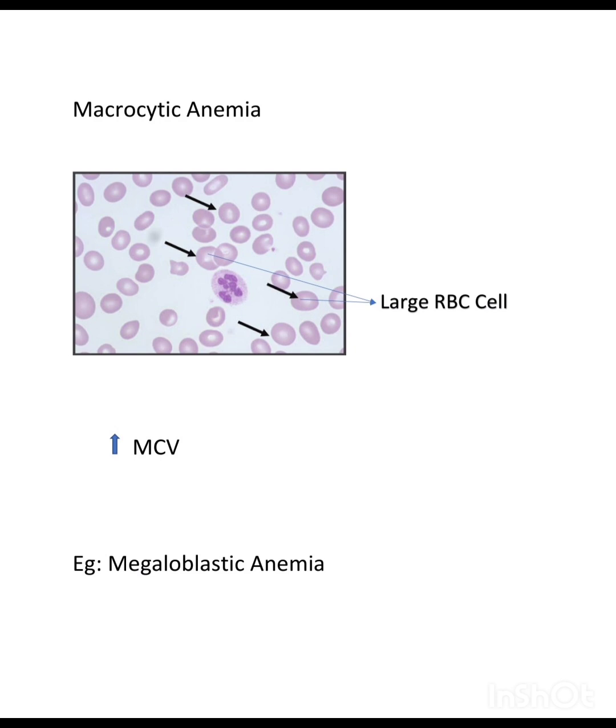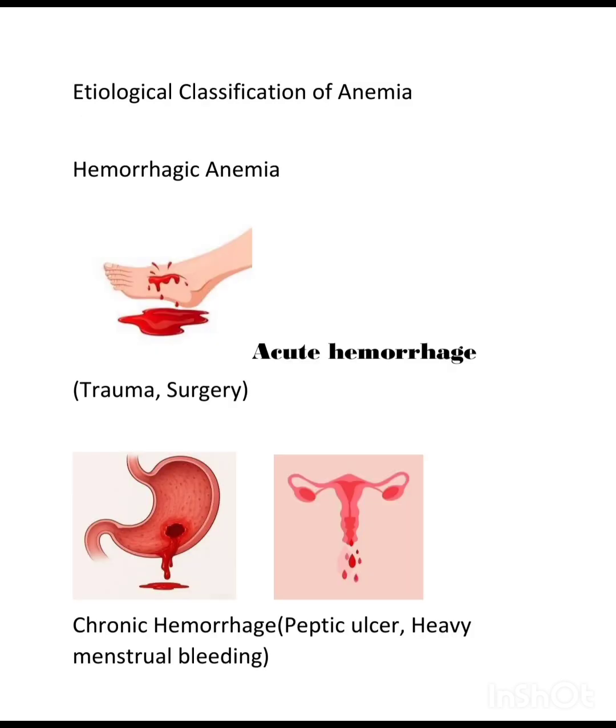Now coming to the etiological classification of anemia. Etiological classification of anemia is based on the cause of anemia. First, let's discuss hemorrhagic anemia. This type of anemia occurs due to excessive blood loss. This blood loss is further classified into acute hemorrhage and chronic hemorrhage.